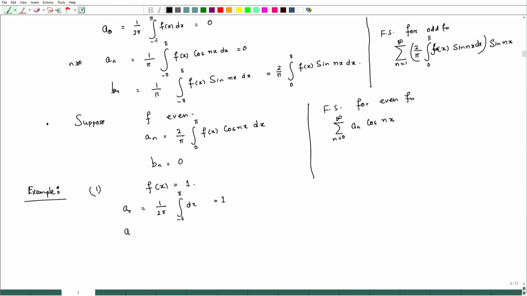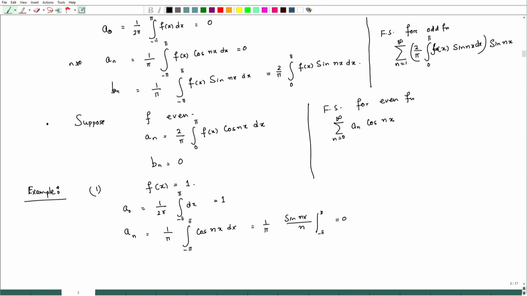Now, a_n is equal to 1 by pi, integral from minus pi to pi of cos(nx) dx. Now, if I integrate it, with n not equal to 0, this is 1 over pi times sin(nx) by n. Now, from minus pi to pi, sin(n pi) is equal to 0. So, this turns out to be 0.